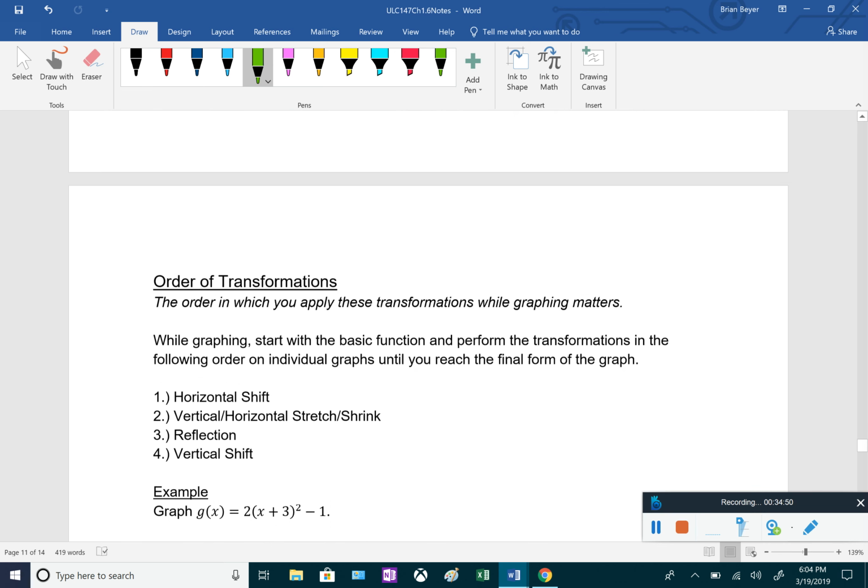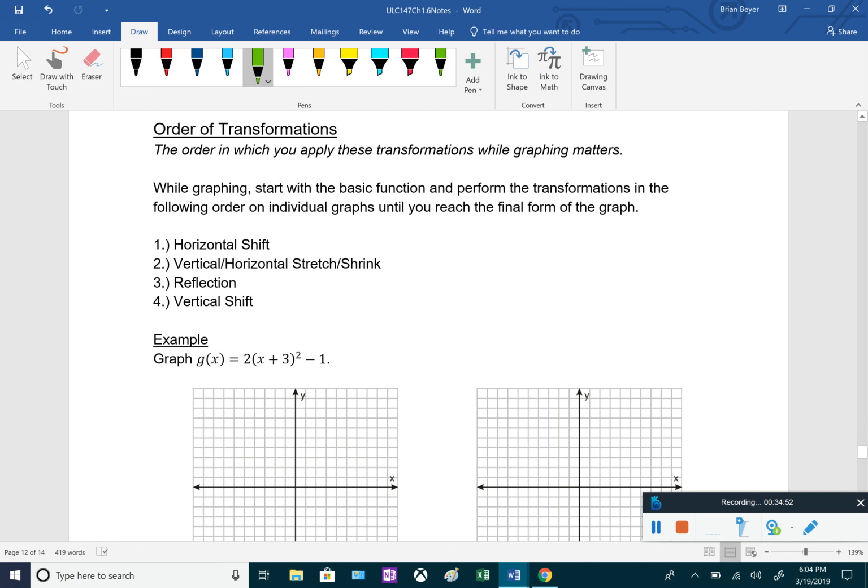Okay, so now let's start putting these together, and we'll do three examples of these transformations thrown together here. The key thing to keep in mind is that the order in which we apply these transformations actually matters. So I'm just going to highlight: order matters when we're graphing.